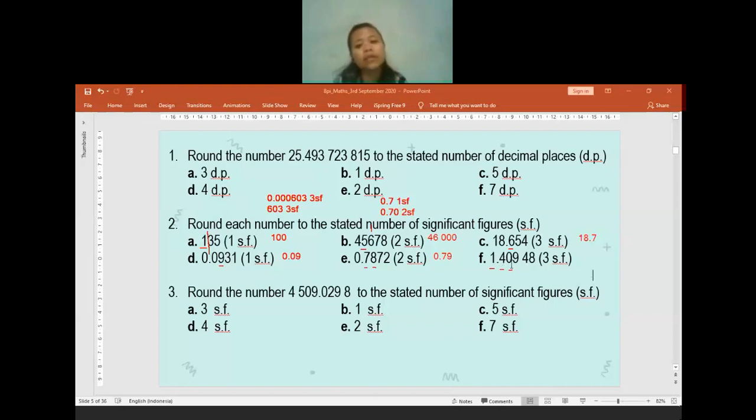The 0 is significant. Only the 0 in front is not significant. The 0 in between two numbers is always significant. Okay.